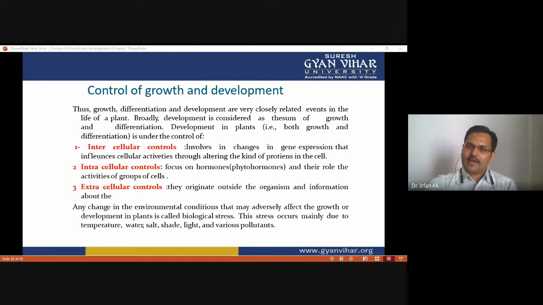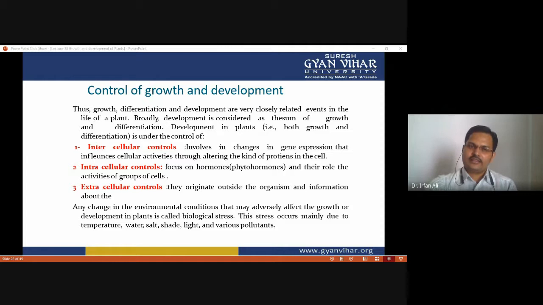So development in plants, that is both growth and differentiation, is under the control of various processes. The first is intracellular control, and this intracellular control involves the change in gene expression that influences cellular activities through altering the kind of proteins in the cells.